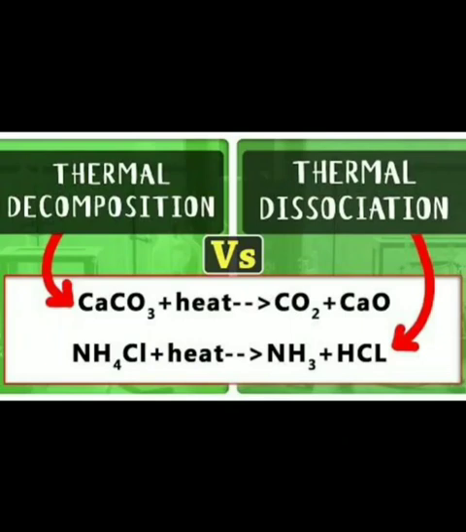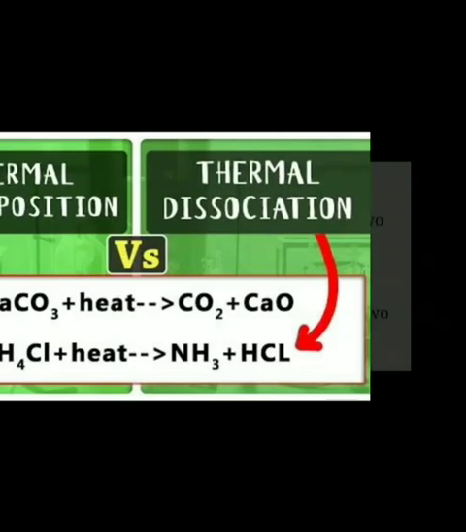Two examples are here, and if you compare them, you can find out. Calcium carbonate, when heat is applied, produces carbon dioxide plus calcium oxide. And ammonium chloride, when heat is applied, produces ammonia plus hydrochloric acid.